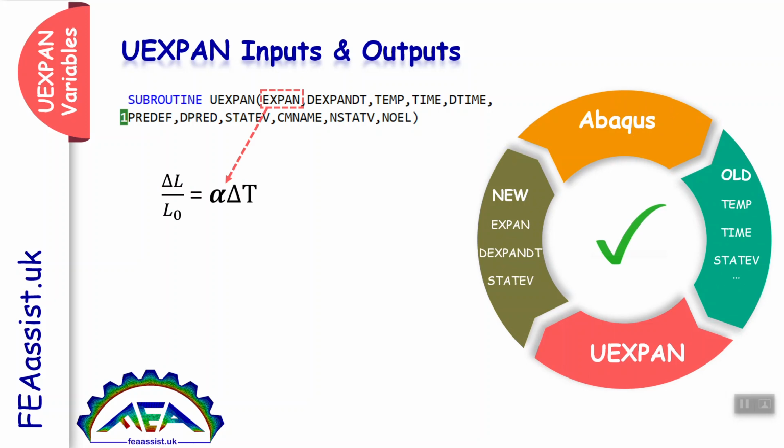Actually, delta L per L0, which is the normalized length increase, is equal to the thermal expansion coefficient alpha multiplied by delta T, which is the temperature increase. This alpha should be defined in this subroutine.